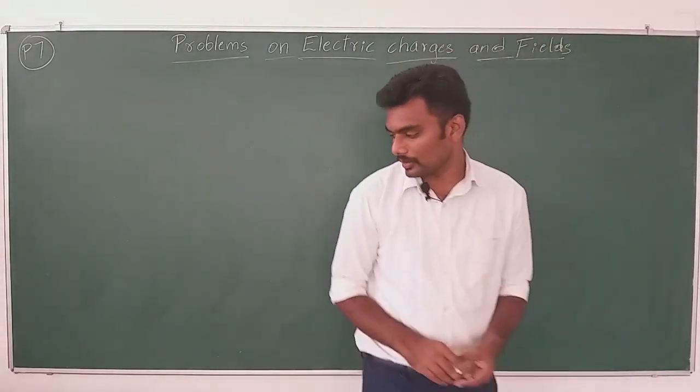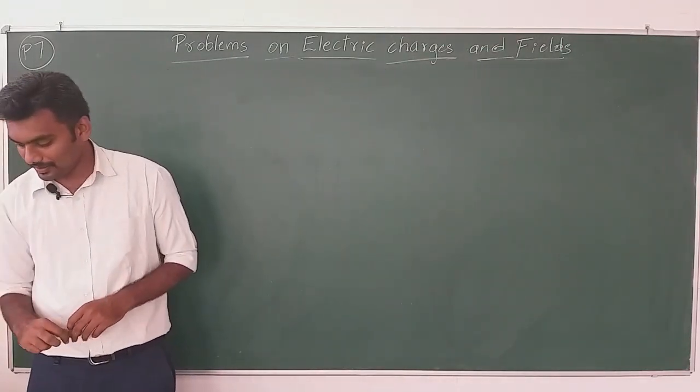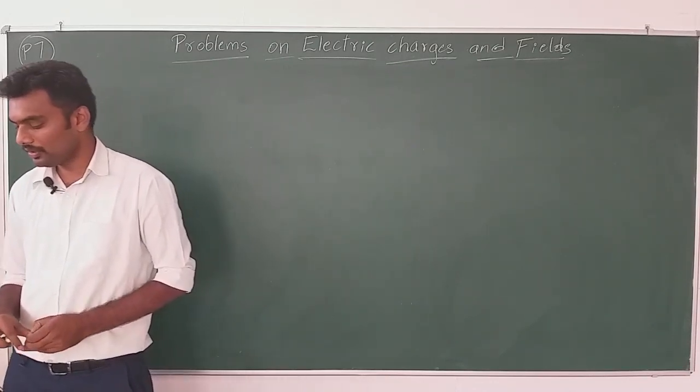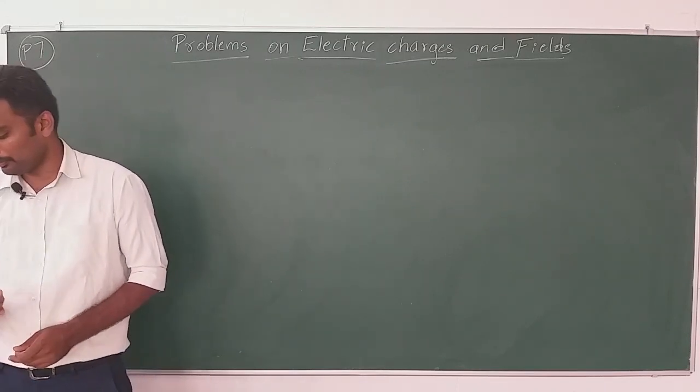Next, question number 19. A point charge causes an electric flux of minus 1.0 into 10 to the power of 3 Newton meter square per coulomb.